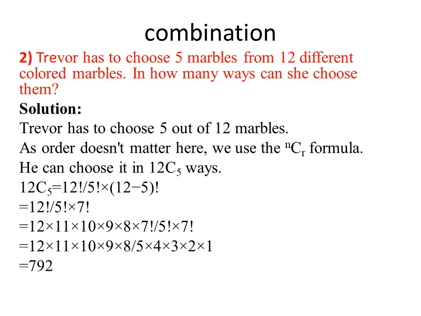He can choose it in 12C5 ways. 12C5 is equal to 12 factorial over 5 factorial into 12 minus 5 factorial, that is 12 factorial by 5 factorial into 7 factorial, that is equal to 12 into 11 into 10 into 9 into 8 into 7 factorial over 5 into 7 factorial, that is equal to 12 into 11 into 10 into 9 into 8 over 5 into 4 into 3 into 2 into 1, that is 792.